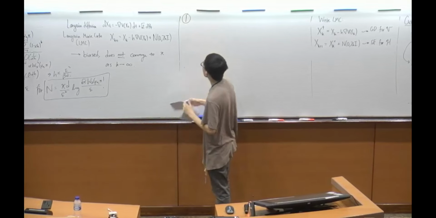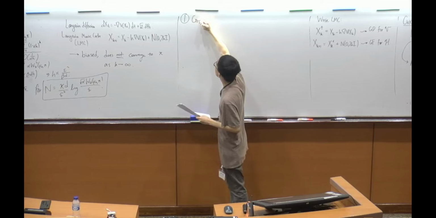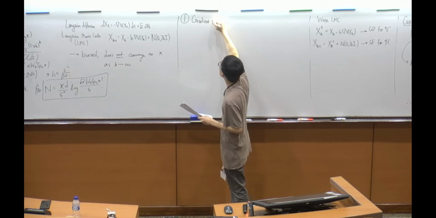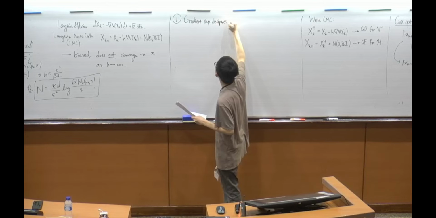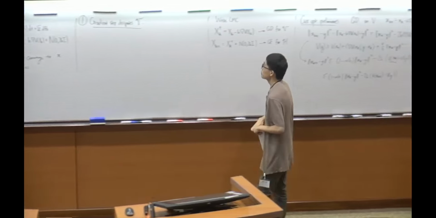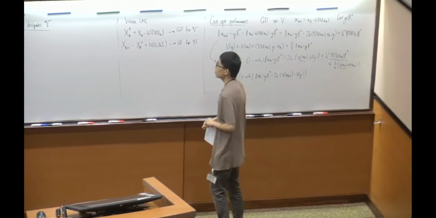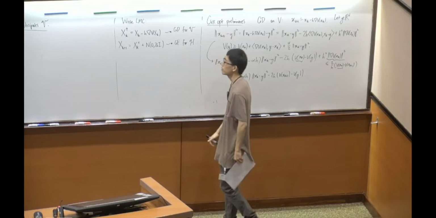So for the first part, I just want to argue that the gradient step dissipates the potential energy. And if you think about it, this is just a corollary of what we did on Euclidean space. Why?